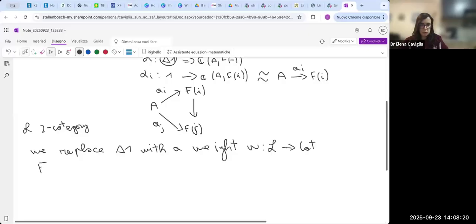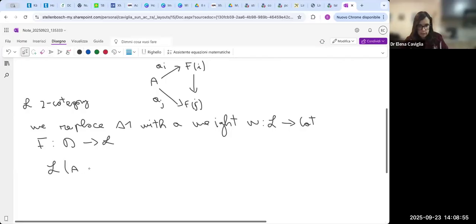Now if we want to compute the limit of a diagram, a functor F from D to L, what we can do is compute the limit of F weighted by this weight W. And so our bijection that we had earlier becomes an equivalence of categories between these two categories.